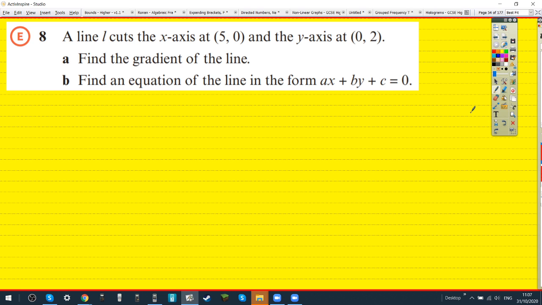So we know the gradient is 5x, so y equals 5x. So do you know how to find the gradient? Is that the equation? Yeah, m equals y2 minus y1 over x2 minus x1. So try that. Sorry, just getting a call, one sec.